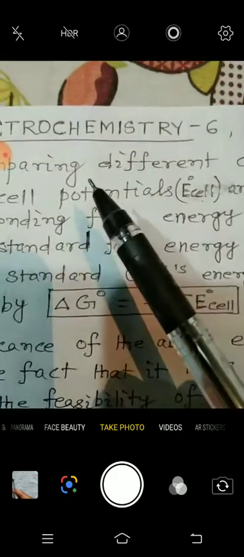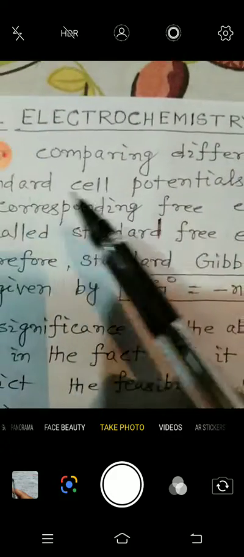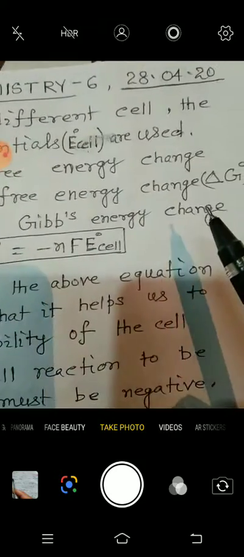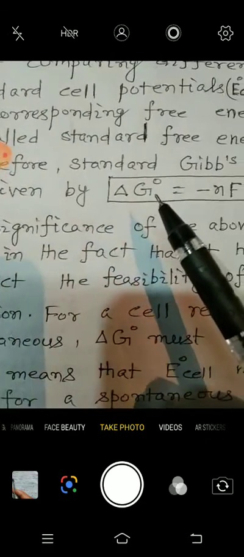When we use the standard cell potential, then automatically it will become delta G naught free energy change. Hence, the equation can be written as delta G naught is equal to minus nF E naught cell.